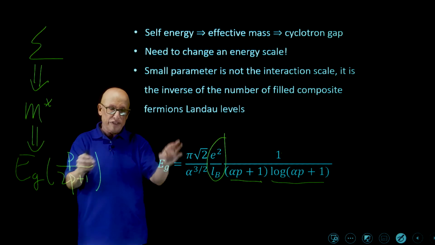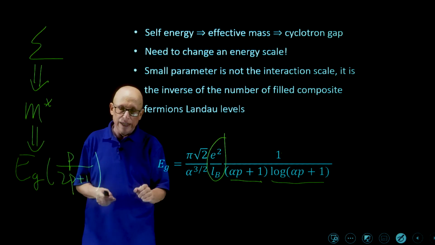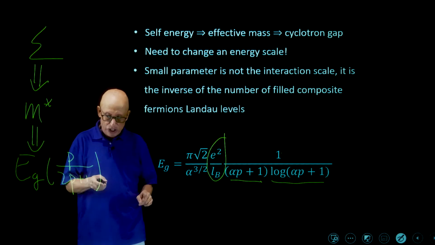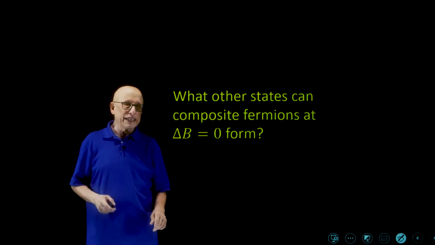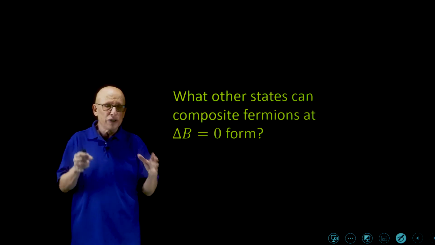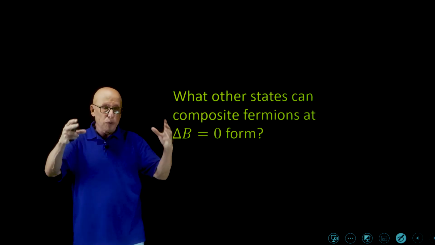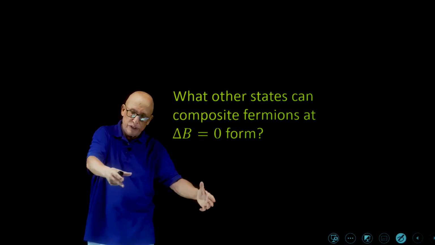This is a brief discussion of this, but we'll stop here and raise the next question, which would be a teaser for the next video, basically. We talked about nu equals 1/2 as being a Fermi liquid of composite fermions living at delta B equals 0.